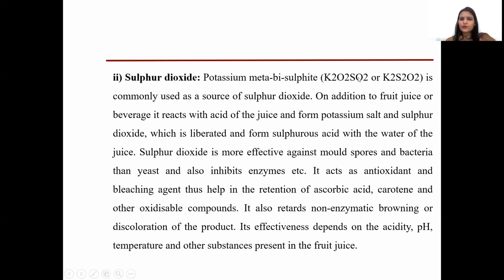See, potassium metabisulfite is the stable form of sulfur dioxide. With the addition of these chemicals, we inhibit the growth of microbes and the activity of enzymes, and we can store the product at room temperature for a long time.